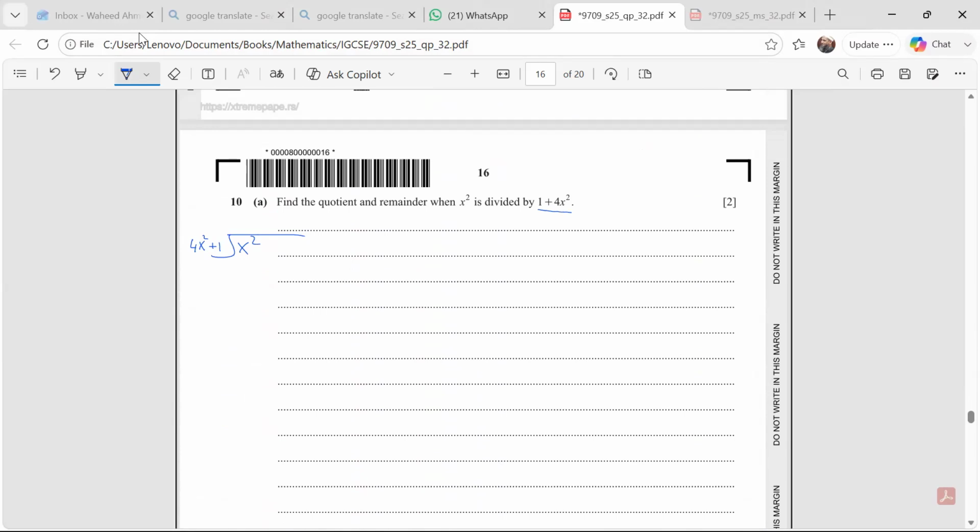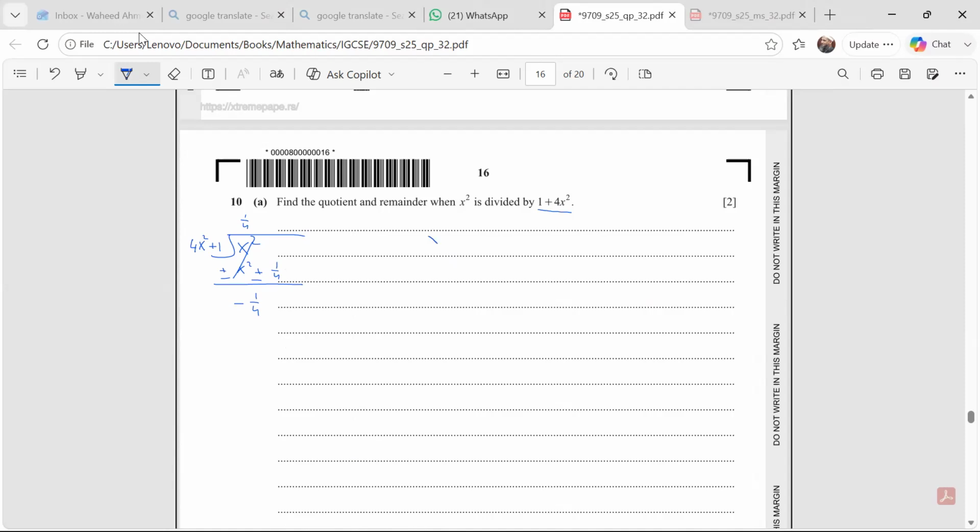In order to divide, I have to multiply the 1 by 4, so it will become x squared plus 1 by 4. When I do the subtraction, this will cancel, and the remainder left is minus 1 by 4. So the quotient is 1 by 4 and the remainder is minus 1 by 4.